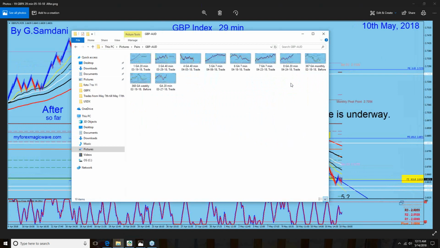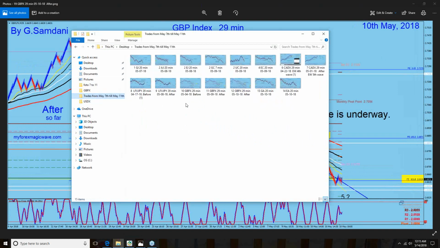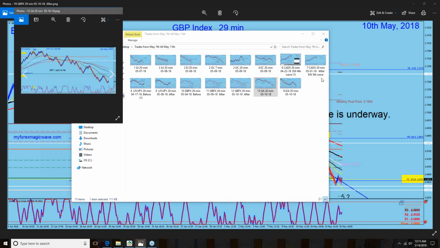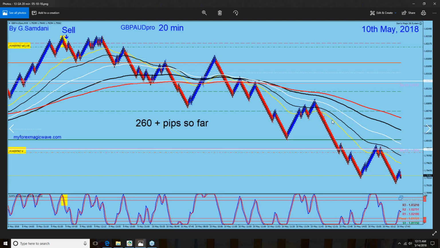what I did with that is, where is my chart? For pound Aussie. Why is it not here? All right, forget about that. I'll open this folder and show it to you. And this is pound Aussie on last Friday, based on that pound index.